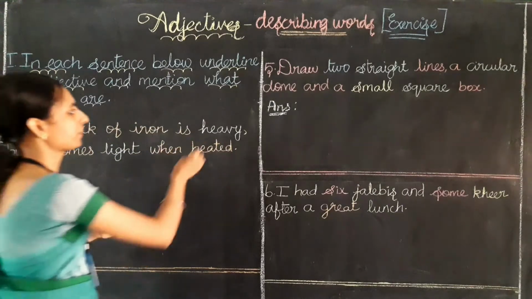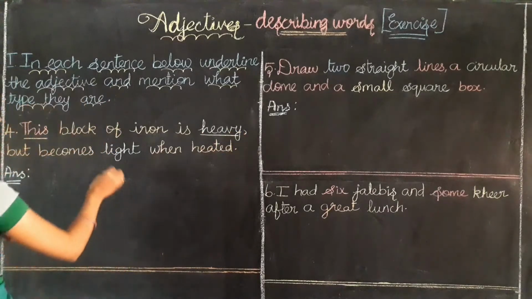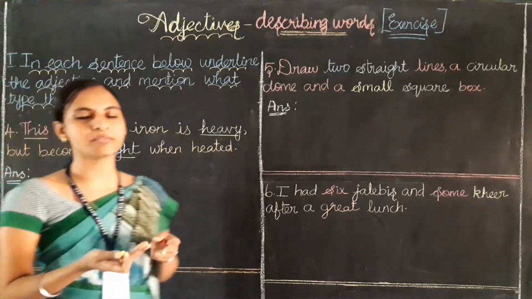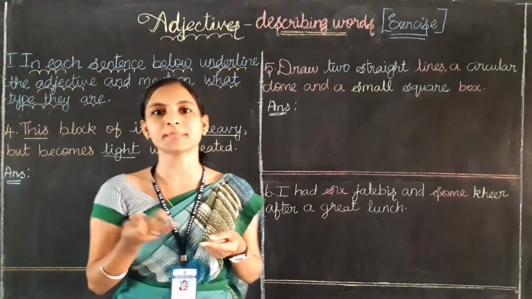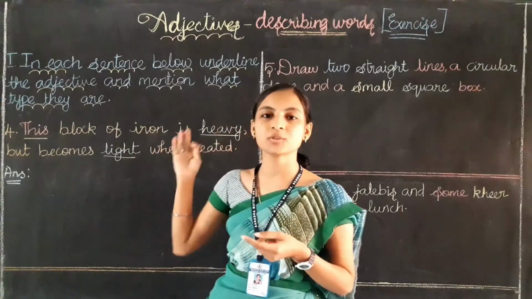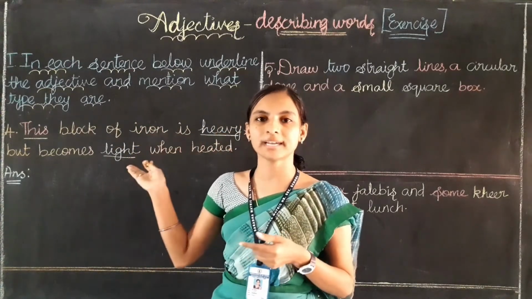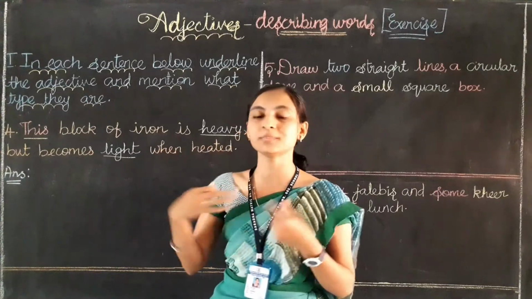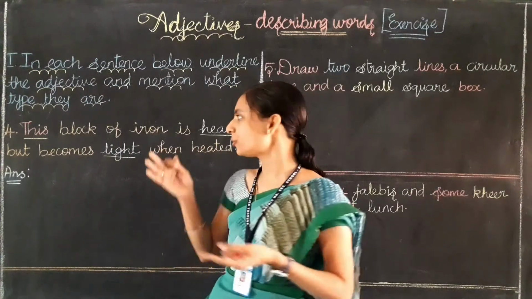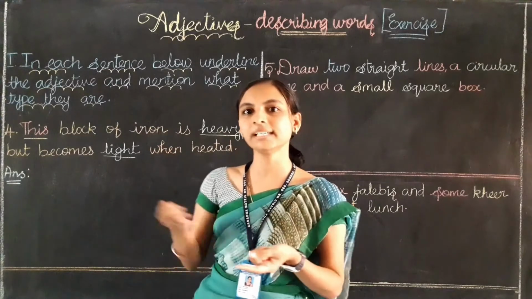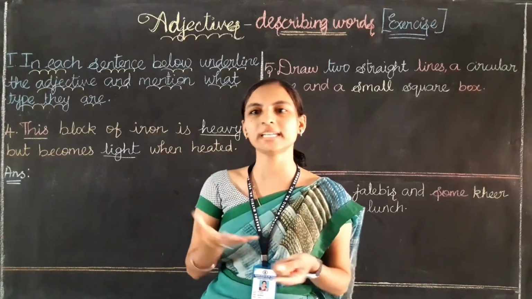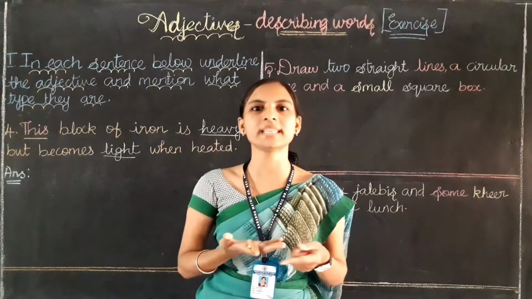Yes, heavy and light are the describing words. They are used to describe the noun, that is iron. So heavy and light mean the quality of the iron. When the iron is heated, it becomes light. When the iron is not heated, it becomes heavy. This is what they are trying to say.